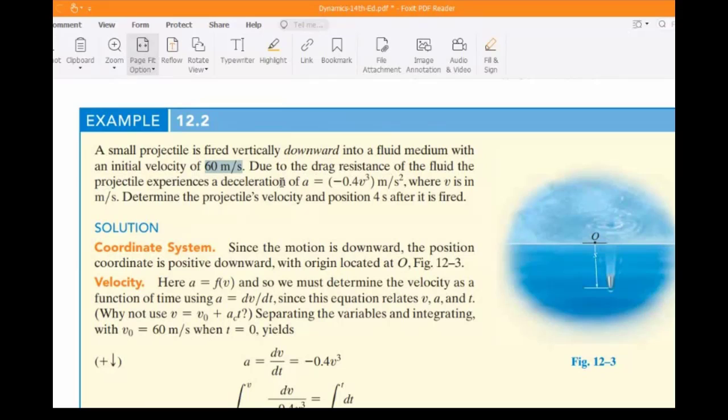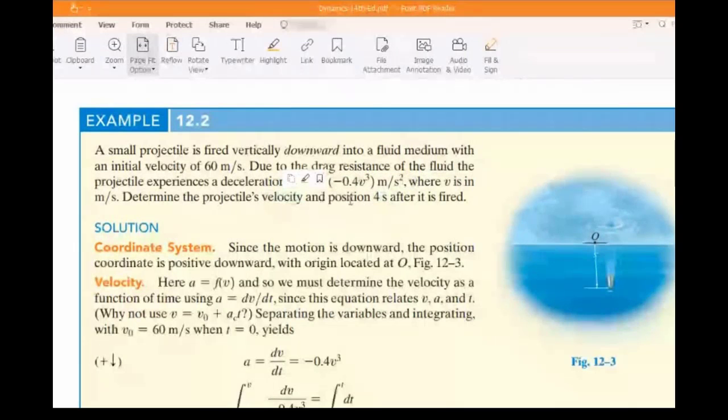The deceleration is a = -0.4 v^3 meters per second squared. This is velocity dependent, not time dependent, where v is in meters per second. Determine the projectile velocity and position 4 seconds after it is fired.